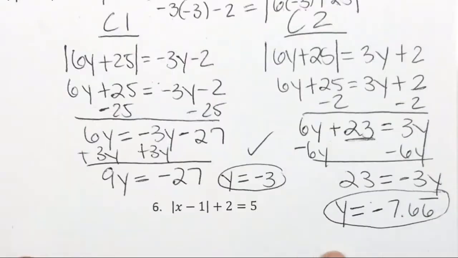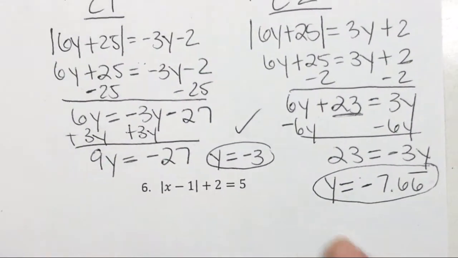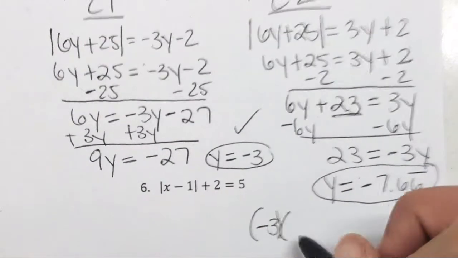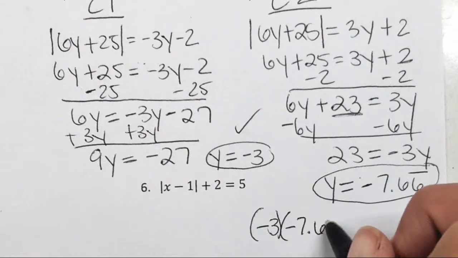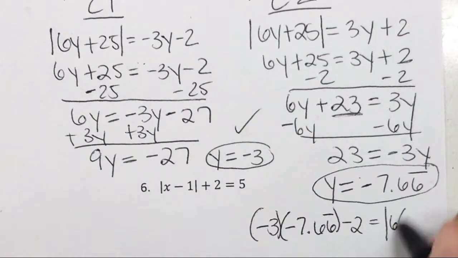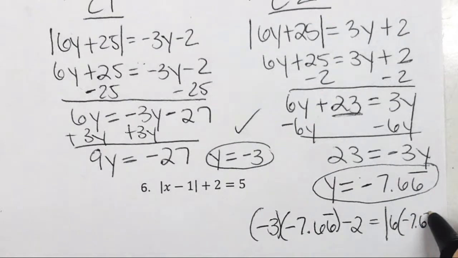And I'll check this one down here. On the test, we're going to have to show all this. If you can do it in your head, you don't have to. Minus 2 equals 6 times -7.66 plus 25. I'm running out of room.